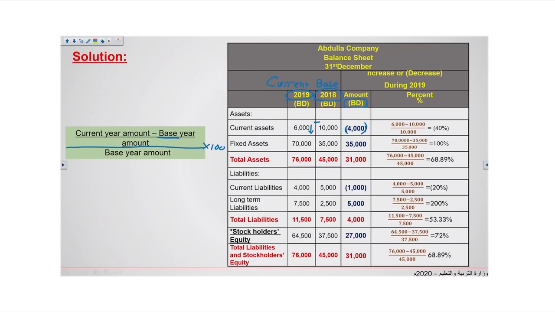Okay, so if the current year is less than the base year, the amount is negative, so we will put it between brackets.